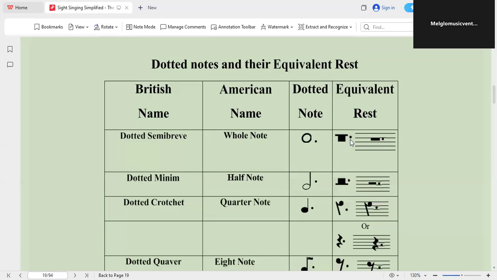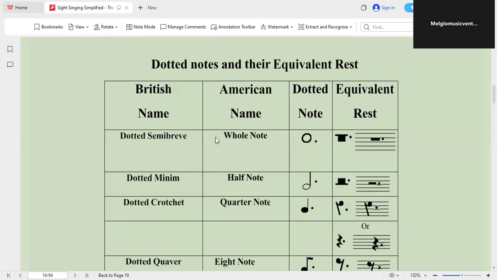So if there's no dot there, don't bother to make it 6 counts. It is 4 counts. It is the presence of this dot that makes it a dotted semi-brief rest.